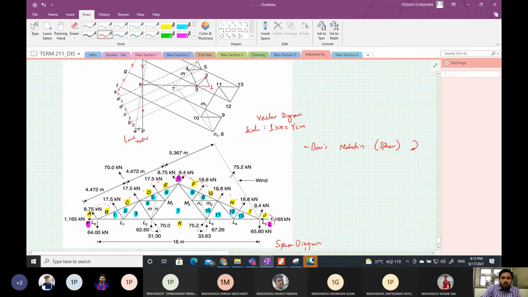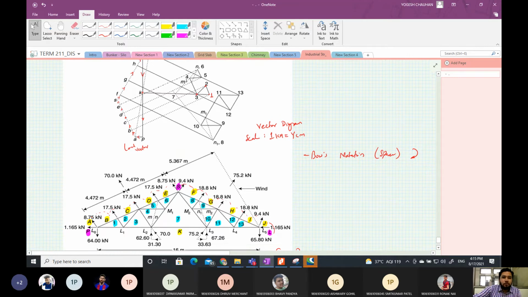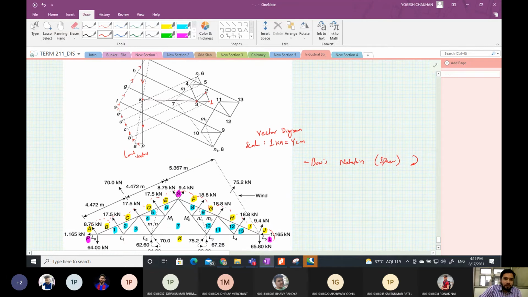Then to get point 4, we cannot get directly this point 4. So what we have to do, we have to add some dummy member Mn, same as the dead load case, and draw a line parallel to 3m. So you will get this line 3m, and this point you will get as m.